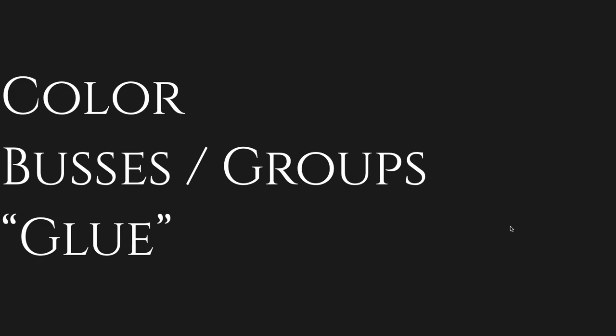So one of the last things I wanted to touch on is the concept of color, and the idea that some people are going to want their dynamics compression to be what we call transparent, or often seemingly transparent.